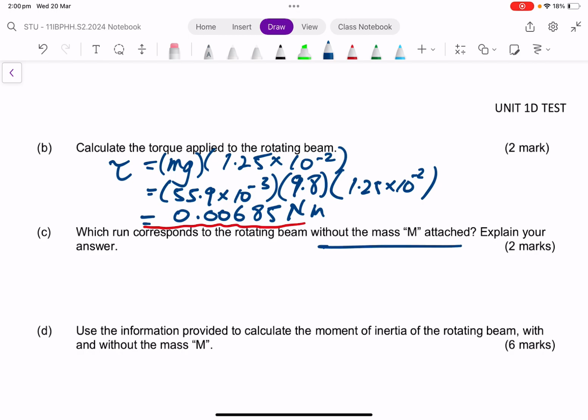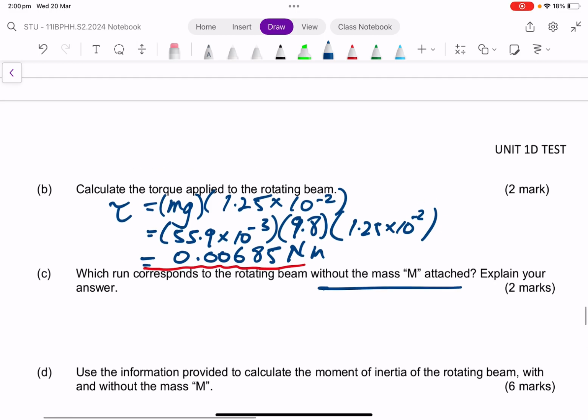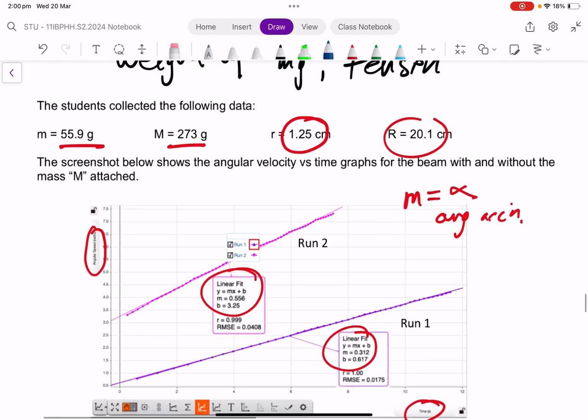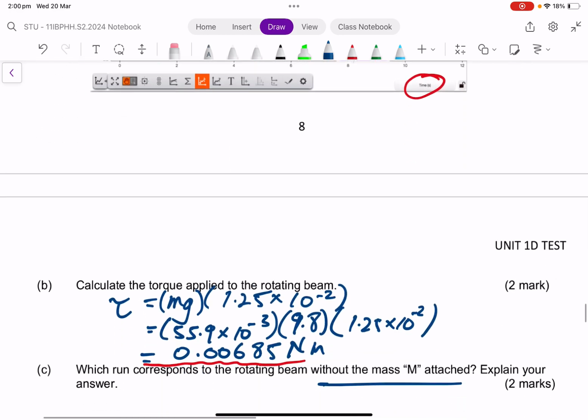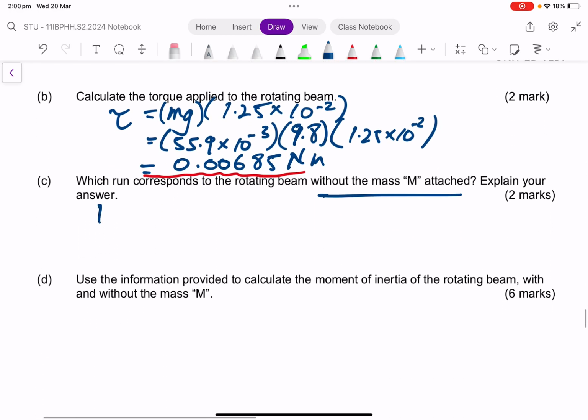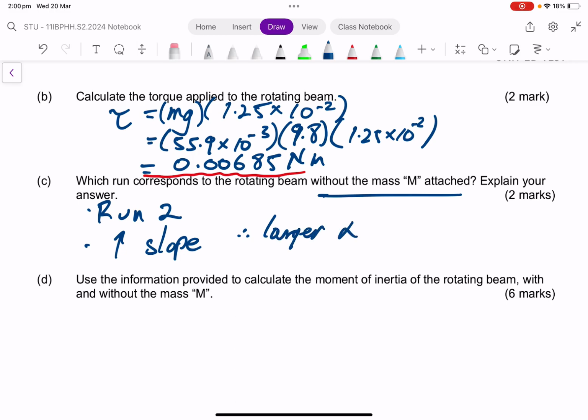That's the one with the lowest overall moment of inertia, so it would be the one with the greatest angular acceleration, run 2. 1 mark for saying run 2. 1 mark for sort of discussing the fact that greater slope and therefore larger alpha, as torque equals I alpha or something like that.